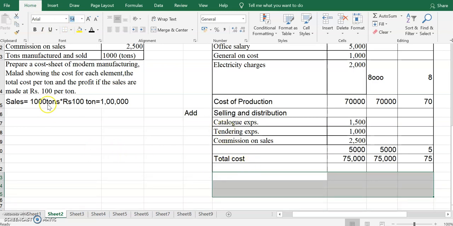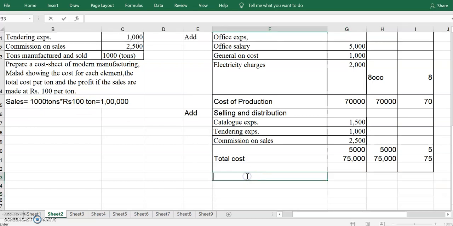So sales is 1,000 tons into rupees 100 per ton, which gives the total sales or turnover of 1 lakh rupees. Selling price is 1 lakh divided by 1,000, which gives you 100 rupees per ton.